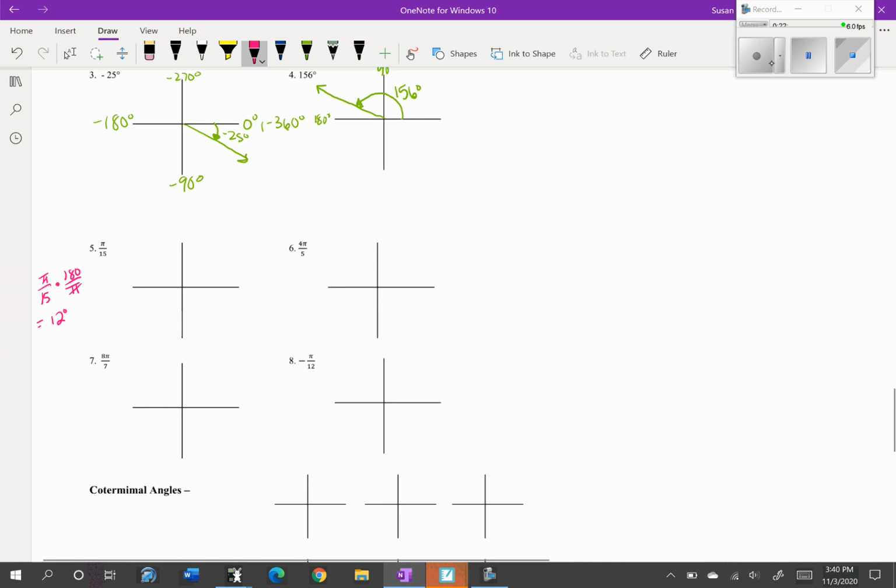So pi over 15 is equal to 12 degrees, which we know is in quadrant 1, about somewhere there. So that would be my angle drawn in standard position. For pi over 5, if I multiply that by 180 divided by pi, pi's cancel out. This is 144 degrees, which we know is in quadrant 2.